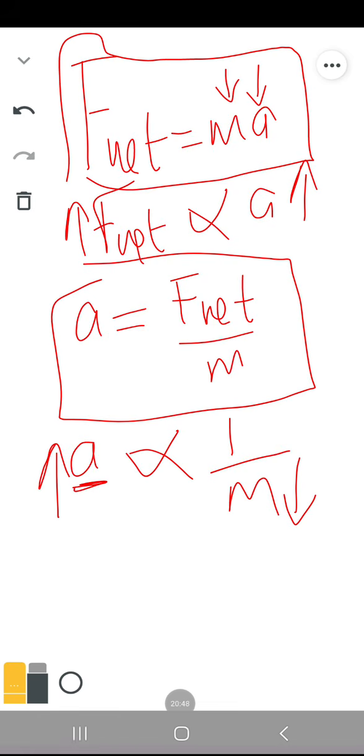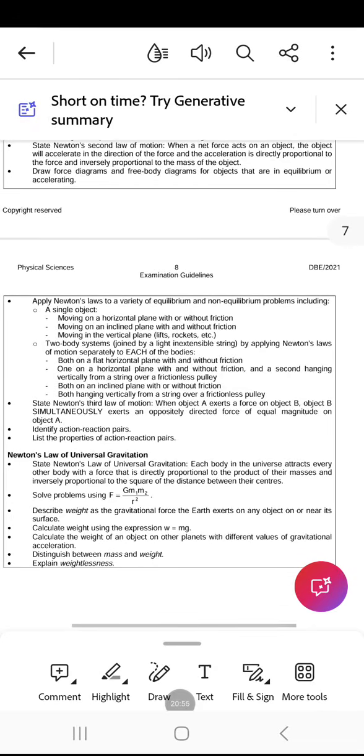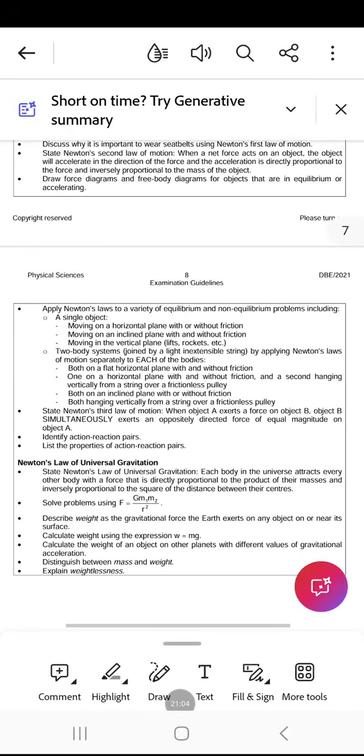Let's move on. After knowing how to define Newton's second law, you need to know how to draw force diagrams and free body diagrams for objects that are in equilibrium or accelerating. I explained this in the previous video. If you're not sure, you can go and check it out, but we're still going to apply it.